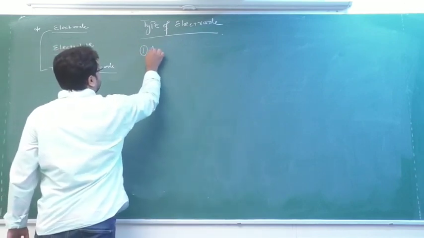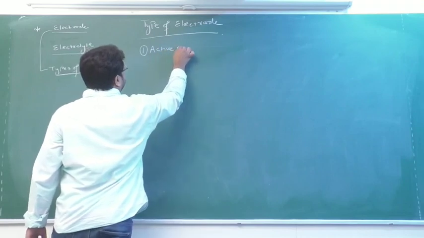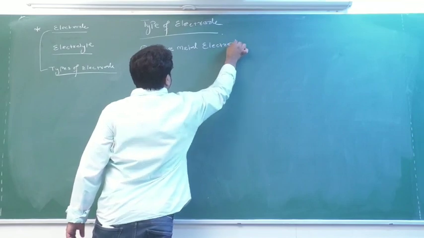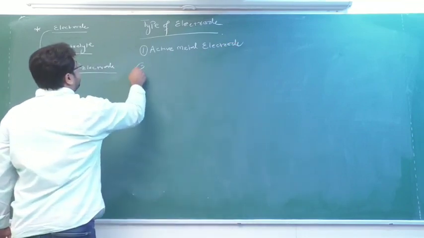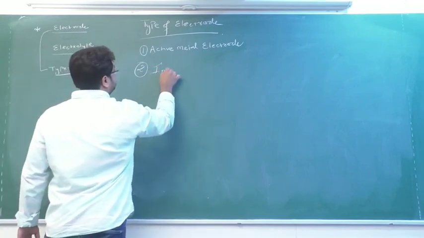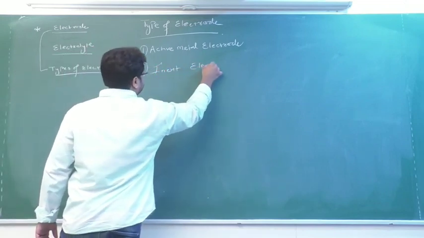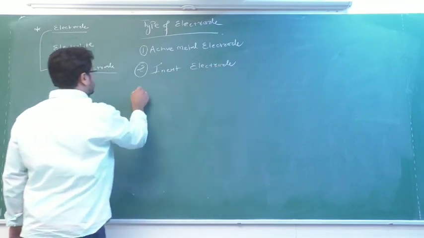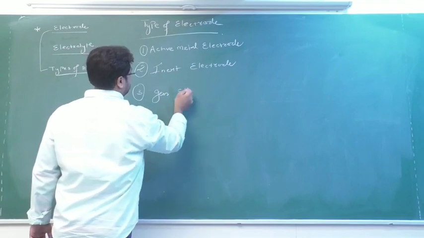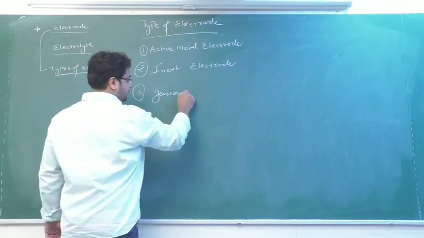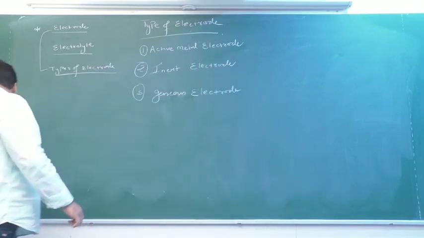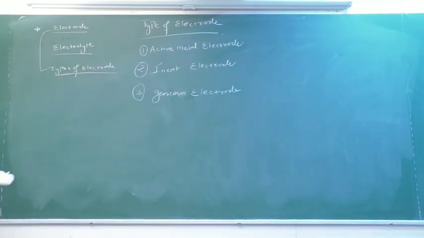First, active metal electrode. Second, inert electrode. Third, gaseous electrode, or gas electrode. We will discuss these one by one. Write this down, make a note.